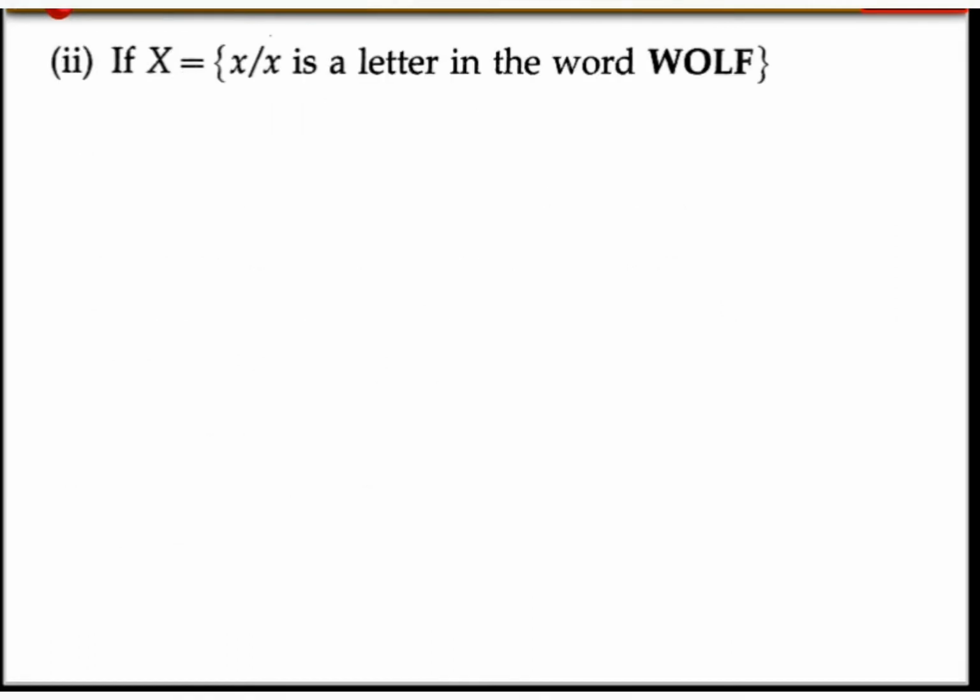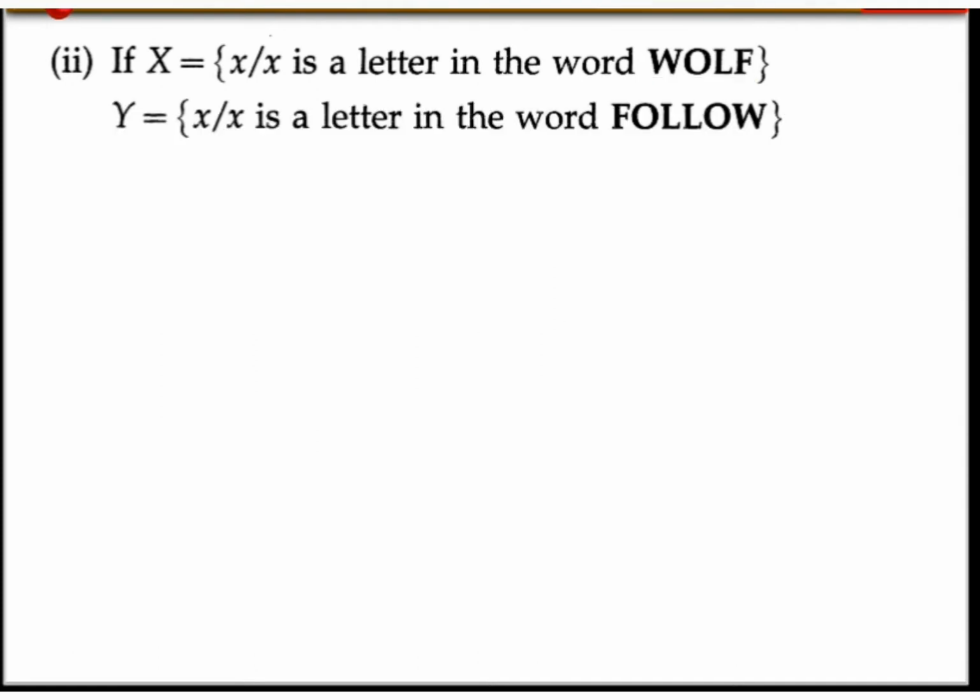Next example, if X is equal to set of all x, for x is a letter in the word wolf, and Y is equal to set of all x, for x is a letter in the word follow.